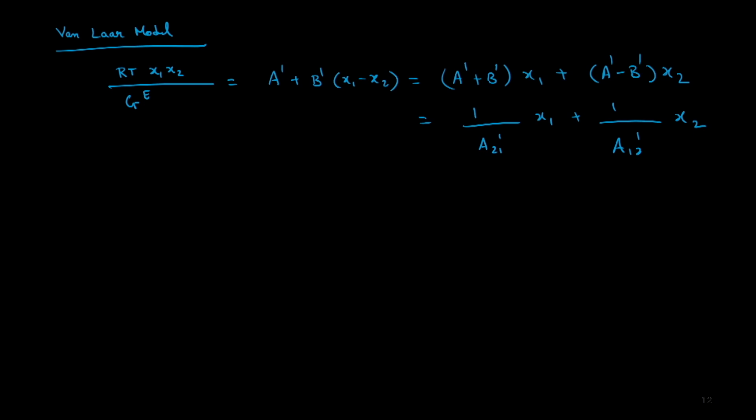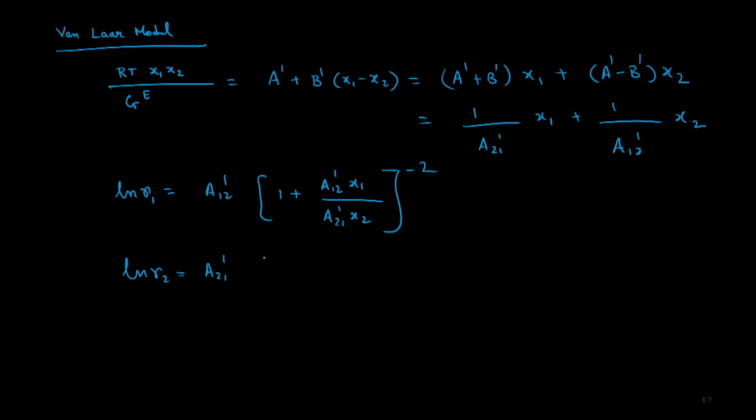So this is the model equation we start with, and then we take partial molar derivatives and do the regular exercise, and finally what we get is an expression for ln gamma 1 as A12 prime times 1 plus A12 prime x1 over A21 prime x2, to the power negative 2, and ln gamma 2 will be A21 prime times 1 plus A21 prime x2 by A12 prime x1, also raised to the power negative 2.